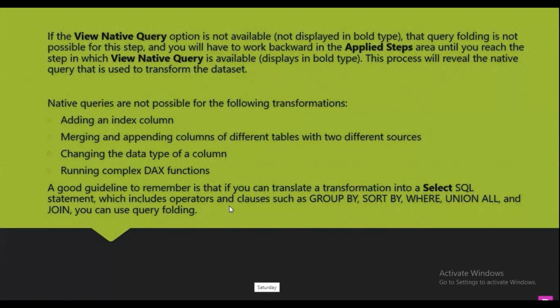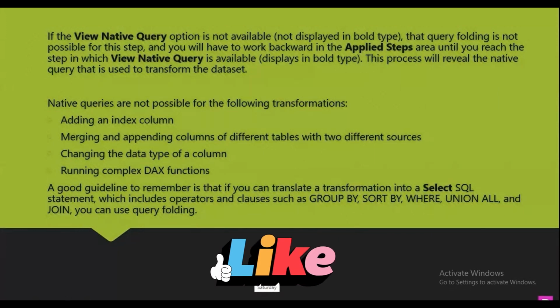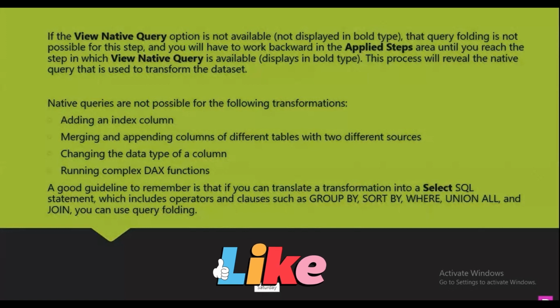So first of all, we should use the select SQL statements in the queries, as I have discussed previously, at the time of importing the data and connecting to your data source, and how much we should use these operations like group by. They apply query folding on the operations.